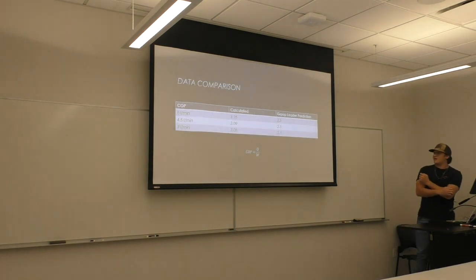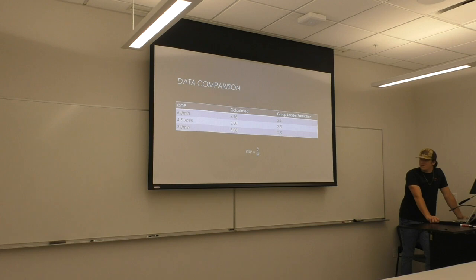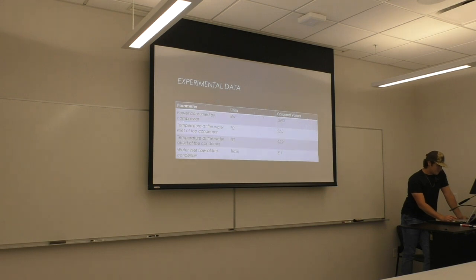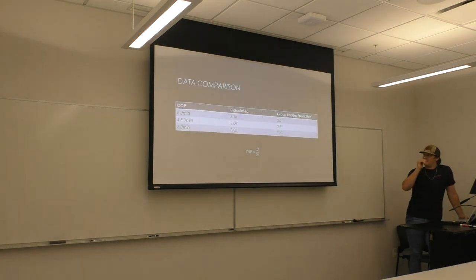Here I calculated the COP. COP is Q over W, where Q is the mass flow rate times the specific heat times the change in temperature, and that W value is the power consumed from beforehand. So I went through and used the different mass flow rates for 6 liters per minute, 4.5 liters per minute, and 3 liters per minute.